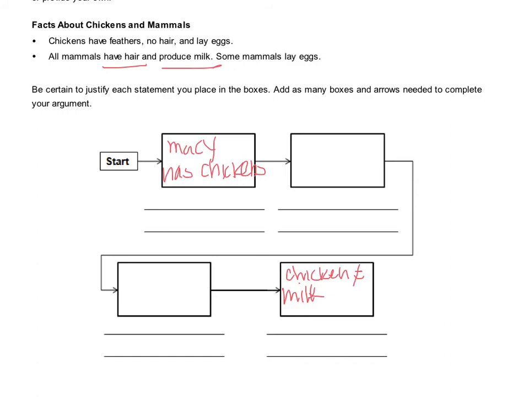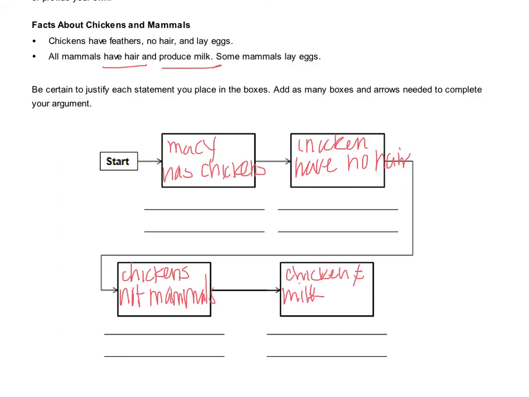So we know that all mammals have hair and produce milk, but chickens don't have hair, so that can be our next statement: chickens have no hair. And if the chickens have no hair, then the chickens are not mammals. And if the chickens are not mammals, then they can't produce milk.